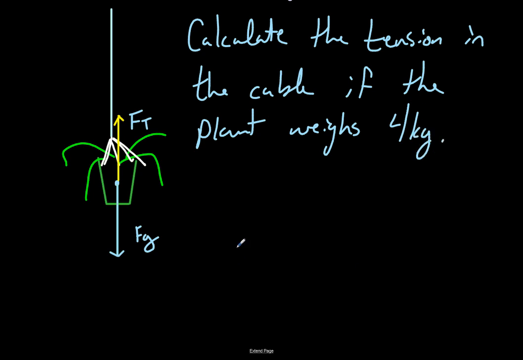Plant and pot weighs 4 kilograms. So how do you figure this out? Well, based on the fact that that plant isn't moving, the net force on here has to be 0, right? So then you would say that since F net, the net force, is equal to the sum of all the forces acting on here.